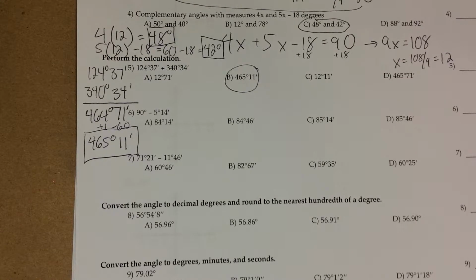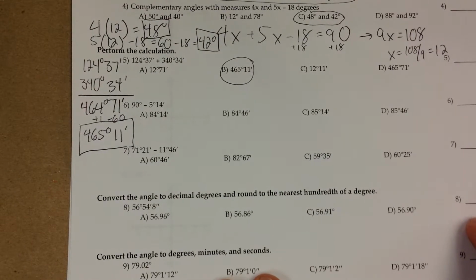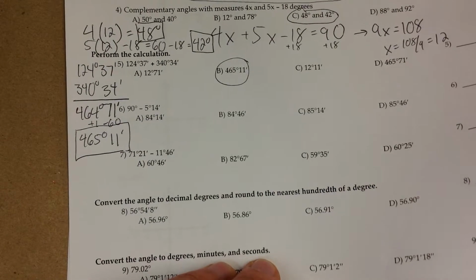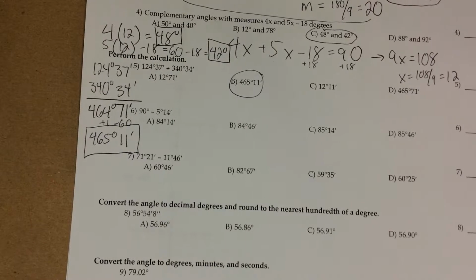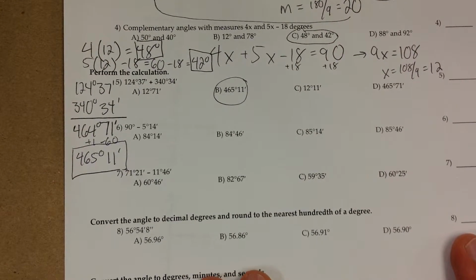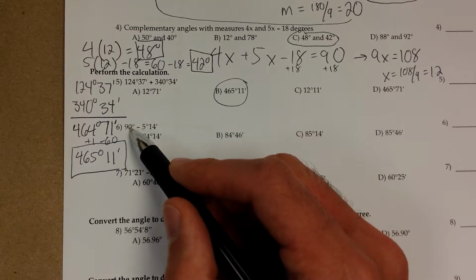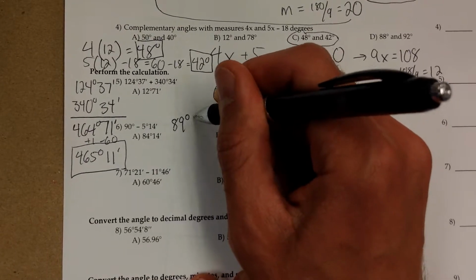And Chowan, number 6, 90 degrees minus 5 degrees, 14 minutes. Okay, and how did you do that? Okay, it sounds like you converted 90 degrees into 89 degrees, 60 minutes.